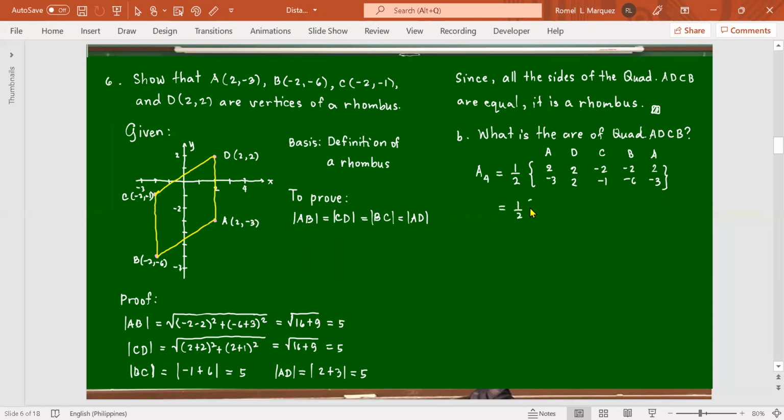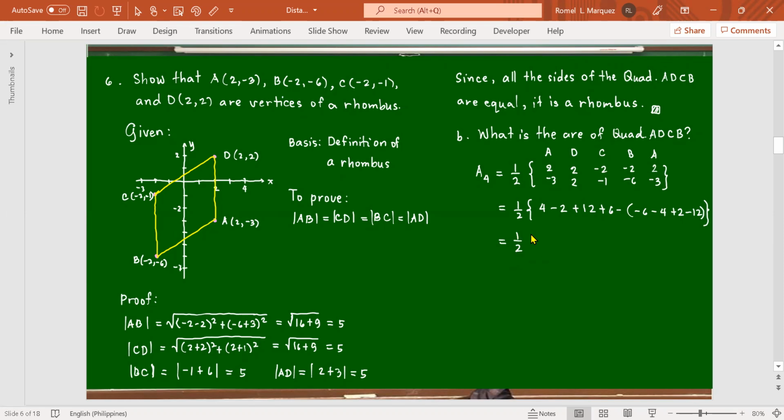So 1/2 of the sum of the diagonal products going down, -2, +12, +6, minus the sum of the products going up, -6, -4, +2. What else, guys? -12. Am I right, guys? Would you please check? What's the answer to that?